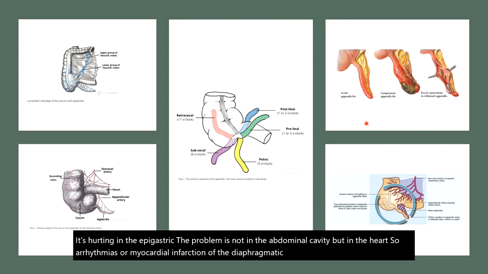As you see here, the appendix is very well supplied by blood. The ileocecal artery is the one that's going to give the branch of the appendicular artery, and also the appendix is surrounded by the lower and upper groups of lymph nodes called the ileocolic nodes.